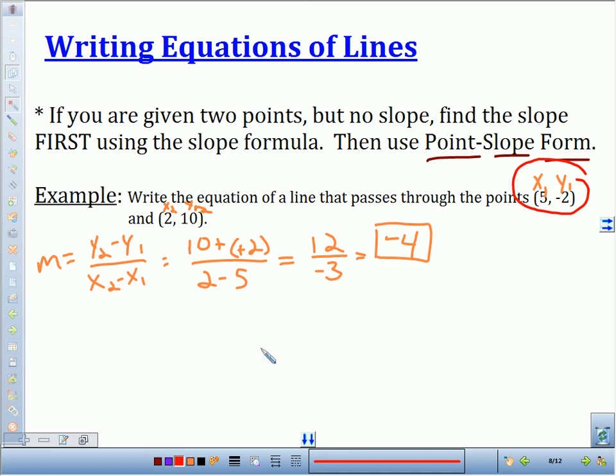So I use my point and I get point-slope form, which says y minus y1 equals m times x minus x1. Now I use the information that I've gathered to solve this equation. y1 is negative 2, so I've got y minus negative 2 equals m, negative 4, times x minus x1, which is 5.